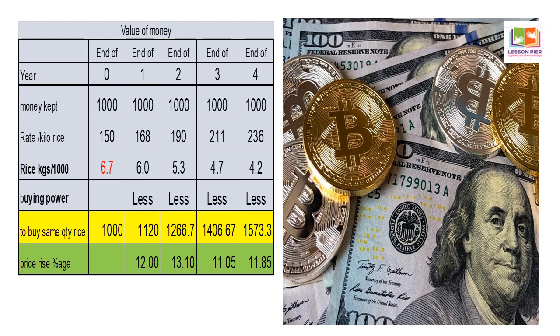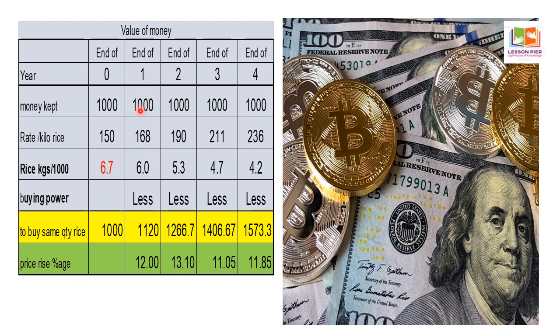Now students, let's understand the concept of the value of money and interest first. For that we have to consider an example. Let's consider you have $1,000 or rupees, whatever currency you have, and you keep it in a box separately in your almirah and lock it up.